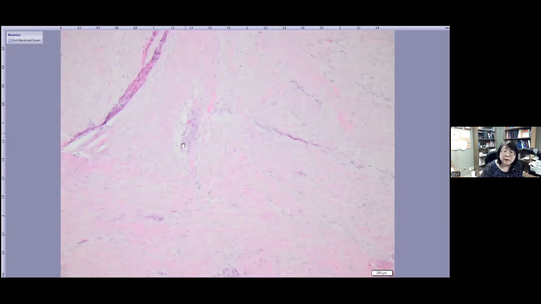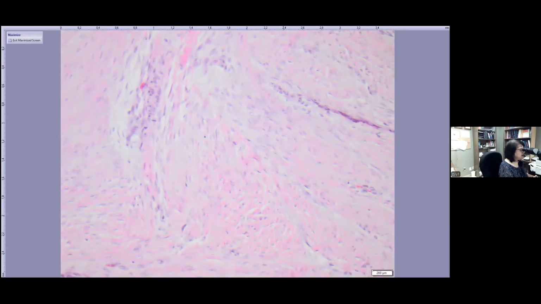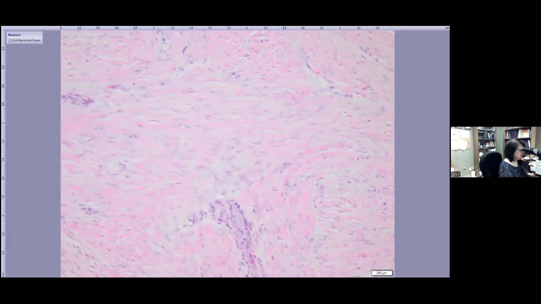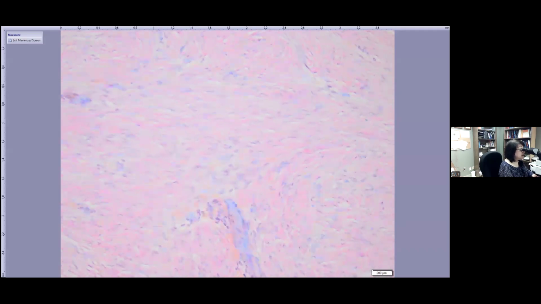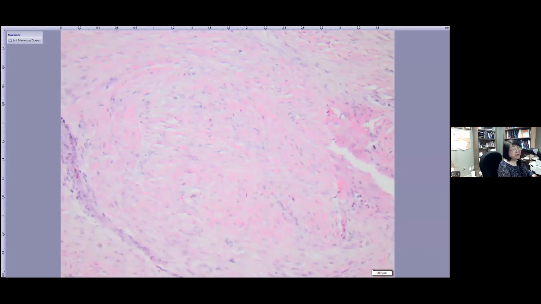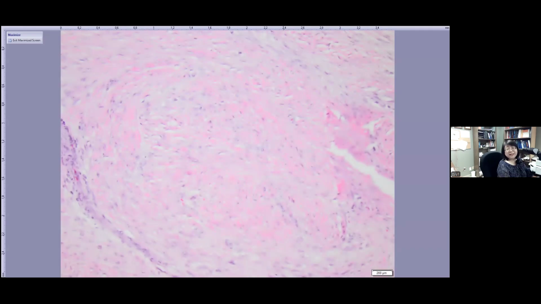So like vessels here, and the spindle cells, fibrous background. Nuclear kind of plump. So I don't know, if you do adult pathology, it's kind of mimicking adult desmoid fibromatosis.